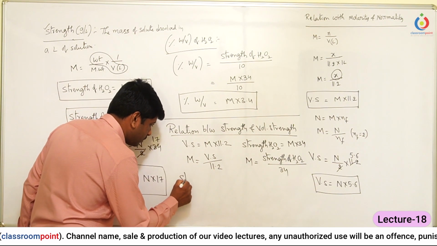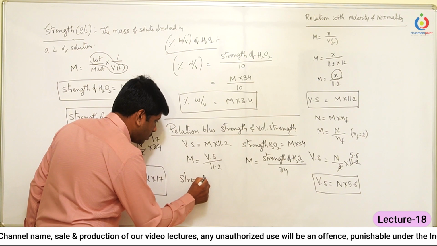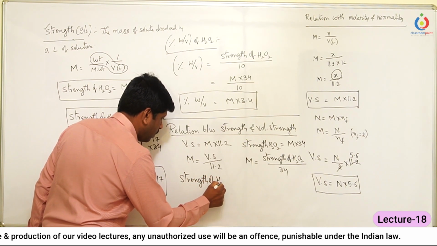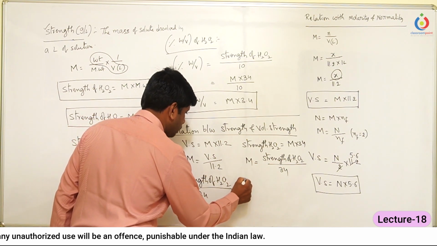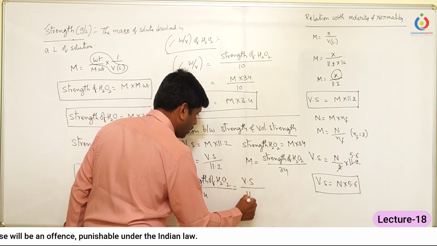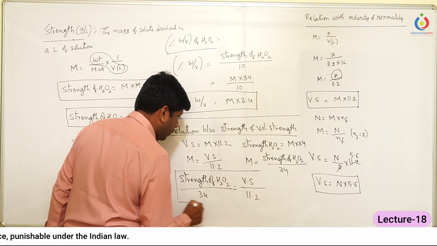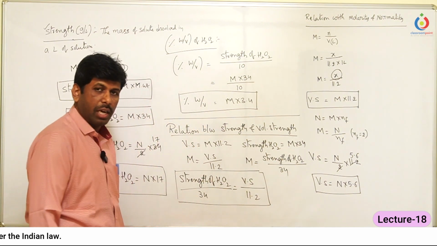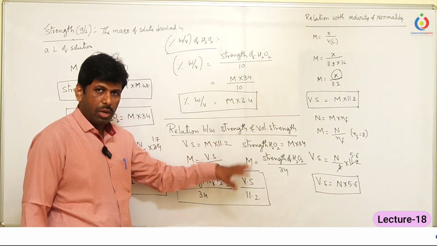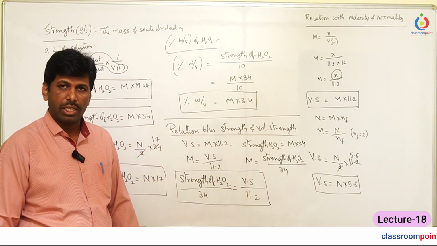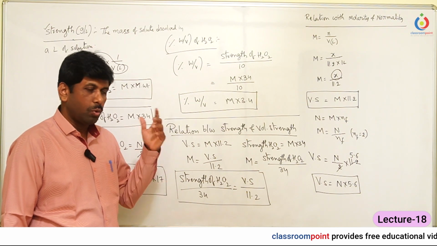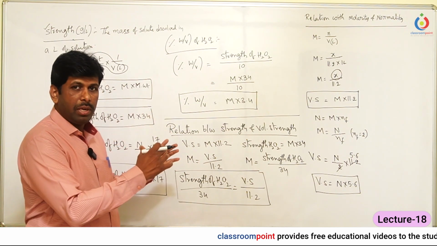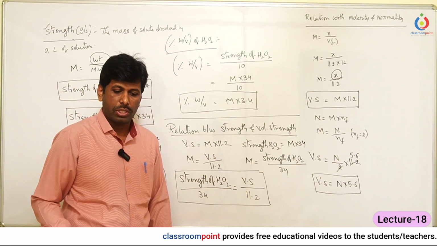So that I will get strength of H2O2 divided by 34 equals to volume strength divided by 11.2. So that you can interconvert the strength into the volume strength and volume strength into the strength. I hope you understand. Now let's make some problems and questions and see how to implement these formulas in solving the questions.